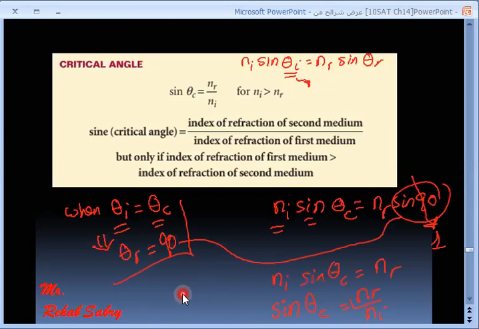Remember that Nr is smaller than Ni, because any sine should be smaller than 1. To find it, we can use shift sine or sine^-1 on the calculator. So this is the formula that we will use: sine theta C equals Nr divided by Ni.